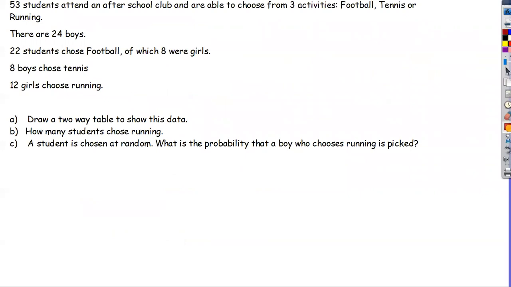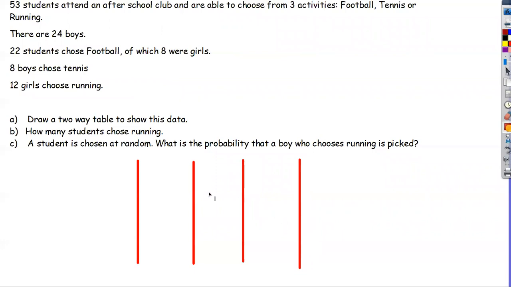Okay, this is trickier. We just got to set up your own table. Right, so let's just check, there's 3 things. So I need like 3 columns here and then a total. So like football, tennis, running, total.